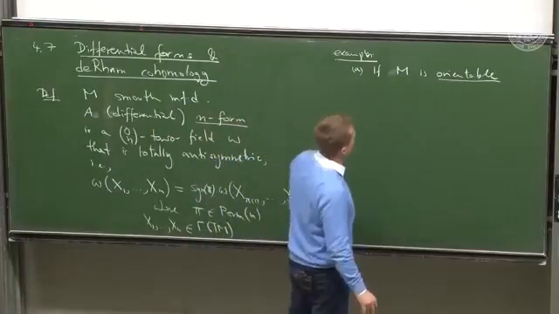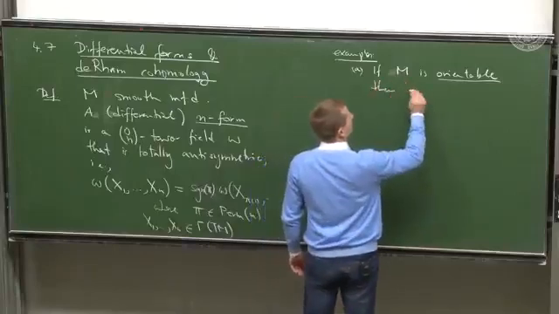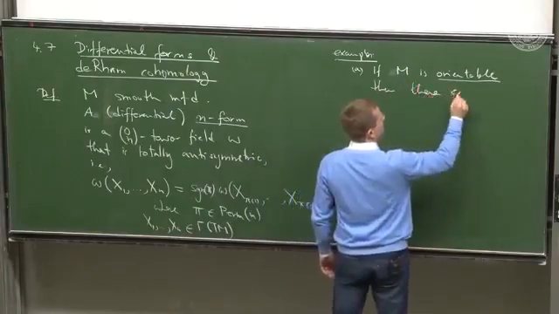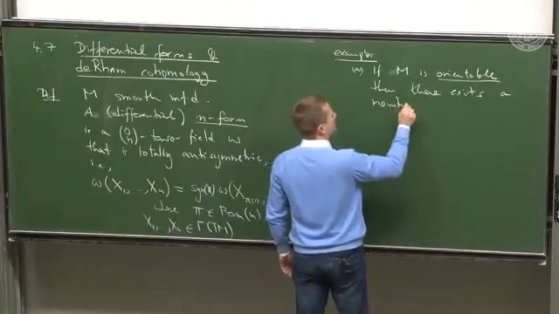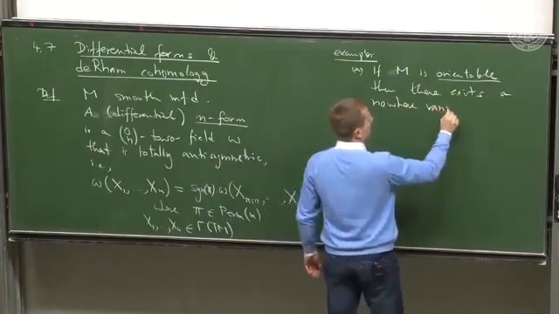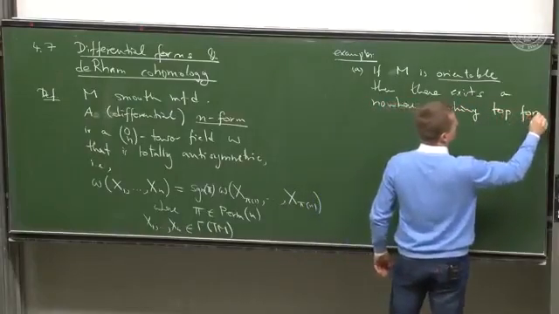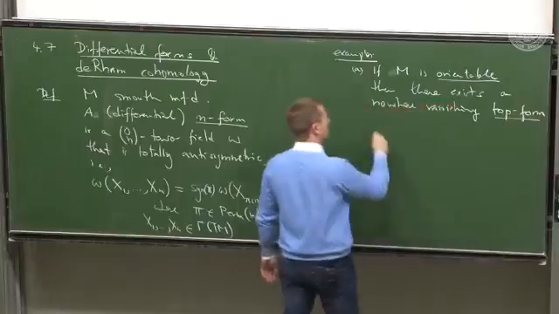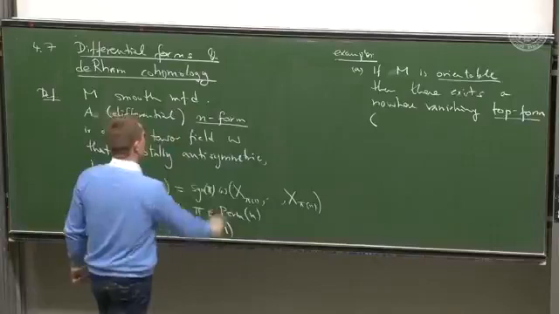I put this on a problem sheet, and if M is orientable, then there exists a nowhere vanishing top form.